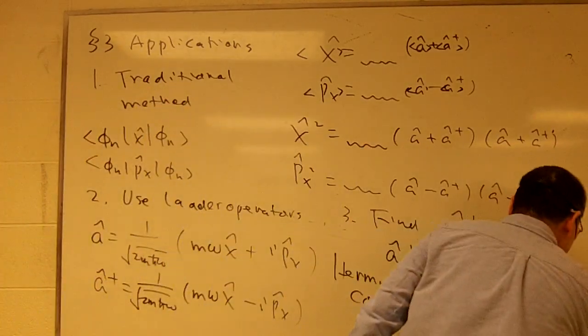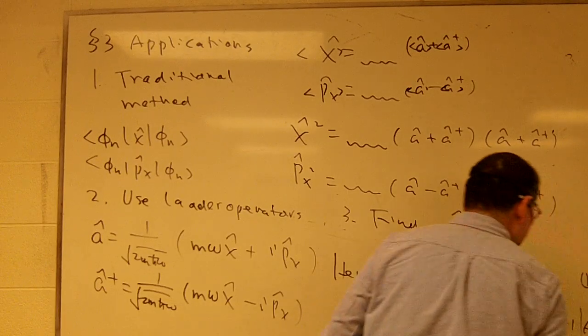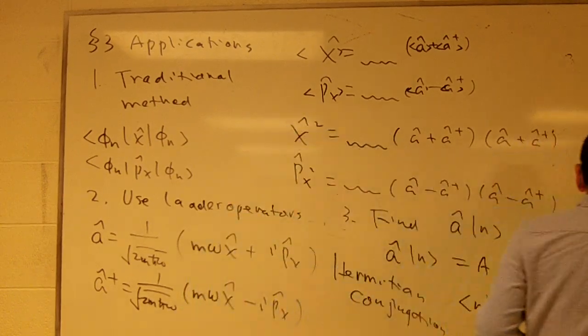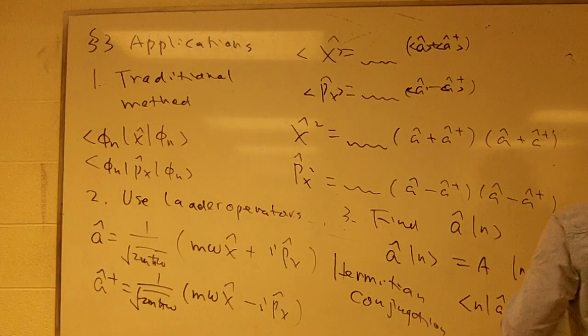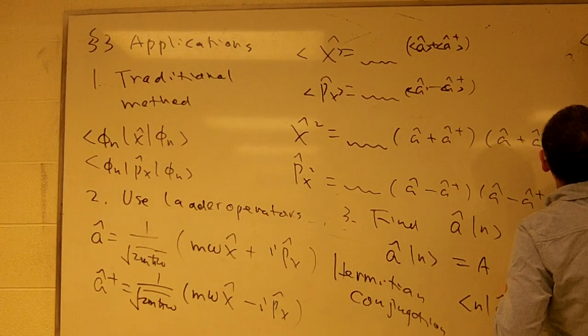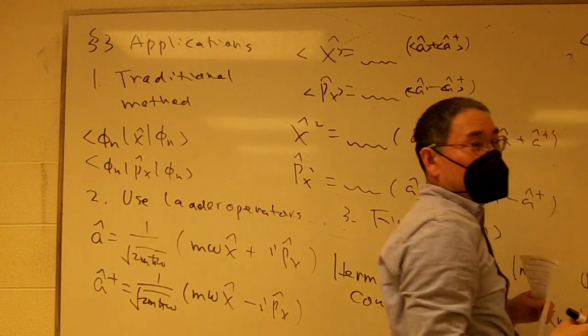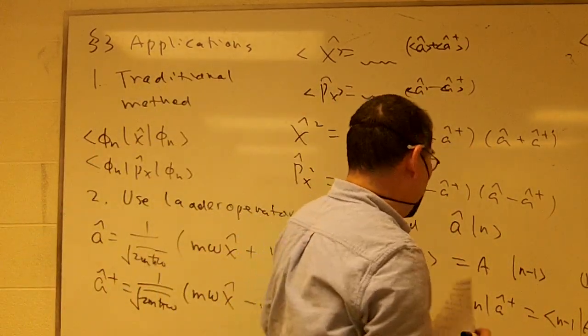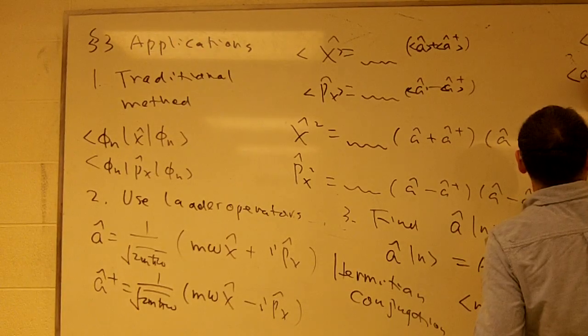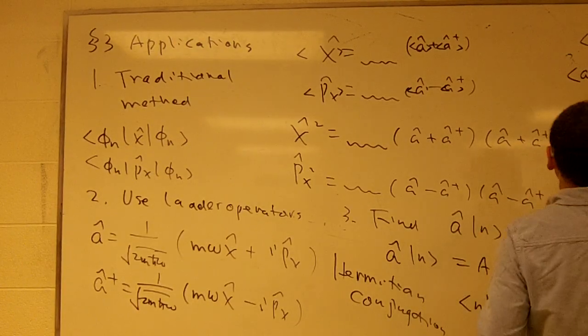So I have 2 equations, 1 and 2. What I'm going to do is multiply equation 2 by equation 1. So this is the next equation, which I'm going to show you now. Then you can see this term on the top will be N, sorry, this will be N here.